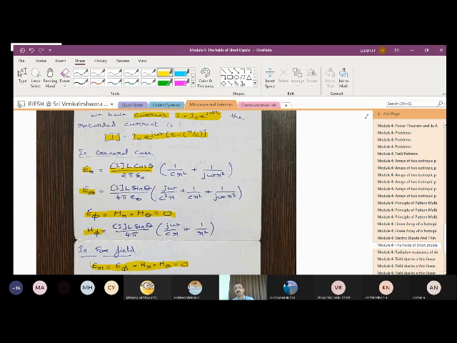So these are a few equations we have to understand with respect to the fields of a short electric dipole. You can make a note of all these equations in the general case as well as in far field.